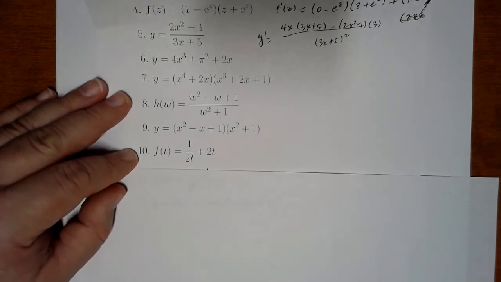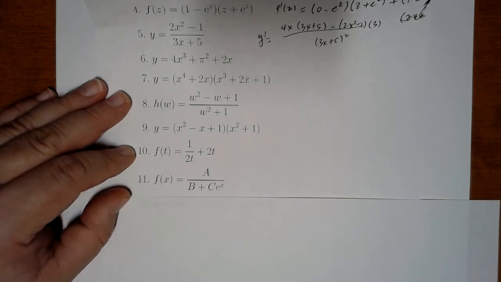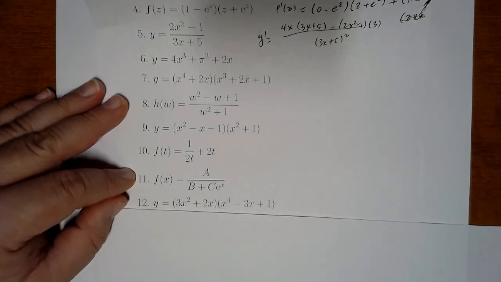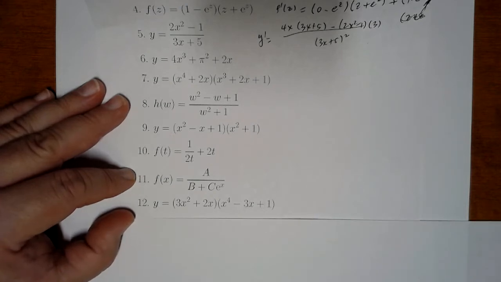F of t is 1 over 2t plus 2t. Differentiate. A over b plus c times e to the x. Differentiate. Y equals 3x squared plus 2x times x to the fourth minus 3x plus 1.